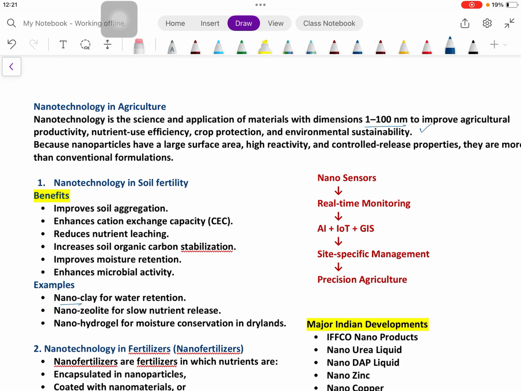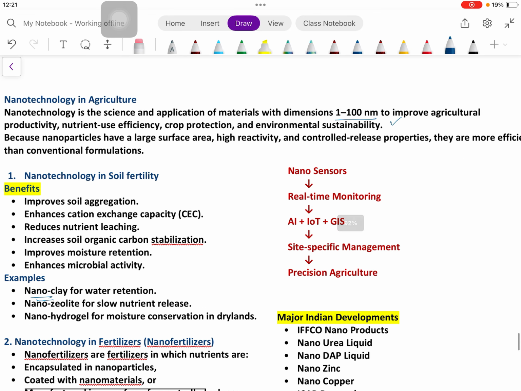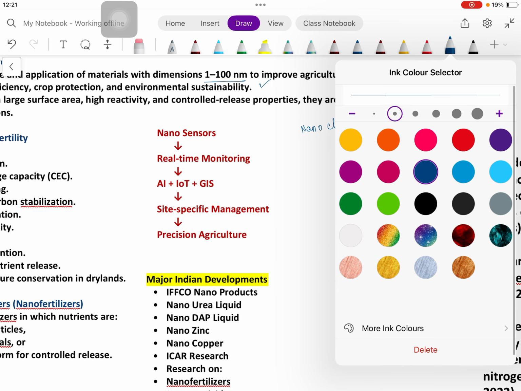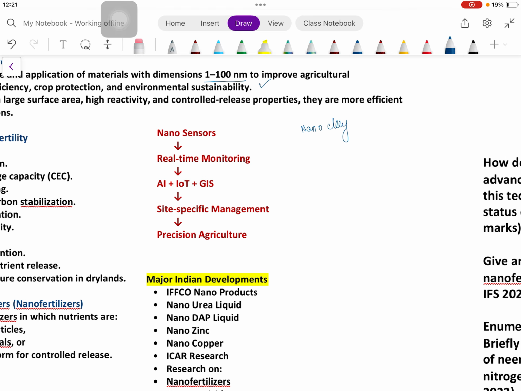As we have mentioned here, nano clay. Suppose we are applying nano clay. Nano clay increases the surface area, and as surface area is increased, the charge sites, meaning the exposed surface, are also increased.